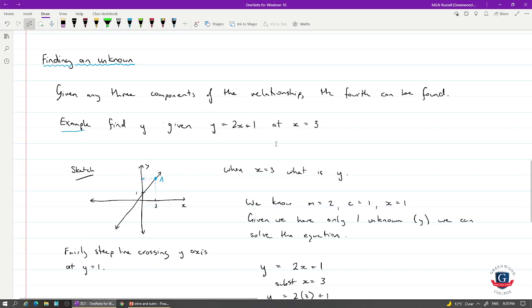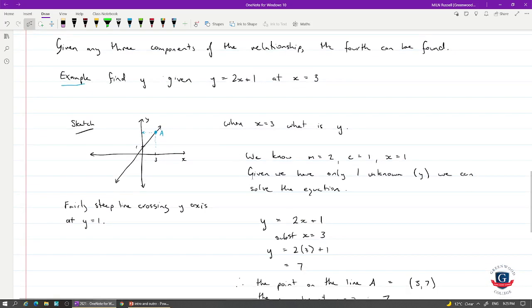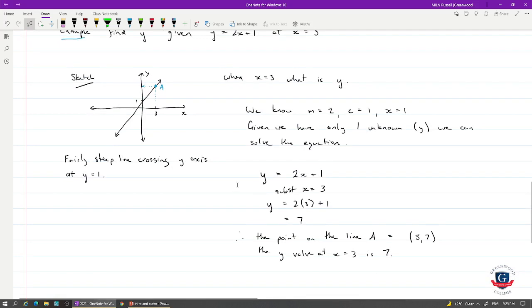So, we can work it out. What we do is, we put 3 into the equation and substitute it in for x. So here it is. y equals 2x plus 1, substitute x equals 3, put 3 where the x is. The corresponding y value, this value over here, would be 7.